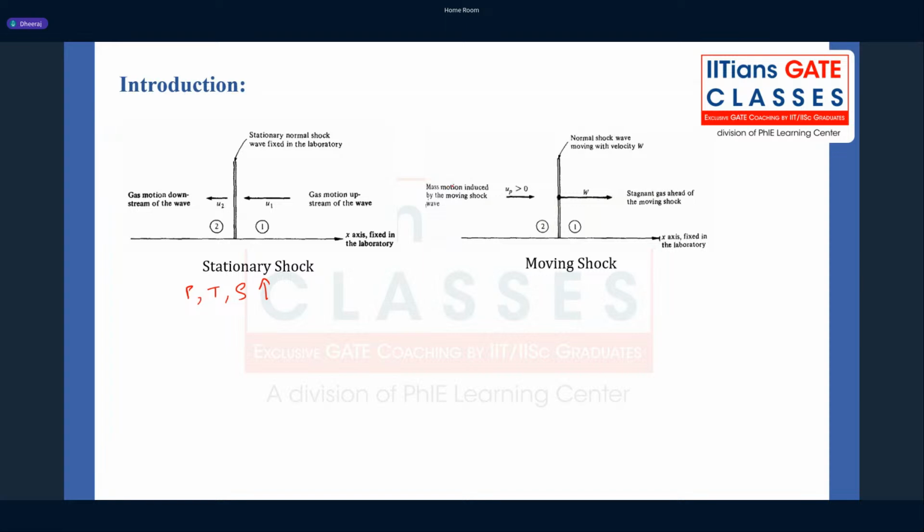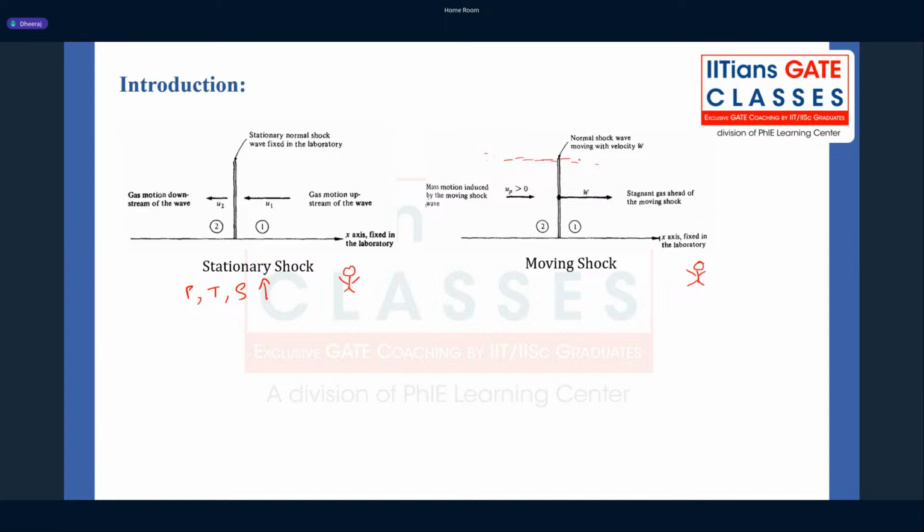And then for the moving shock wave, in both problems, I'm dealing with the lab reference frame, right? So I am observing it from somewhere here, and I'm seeing that here the shock is stationary, and here my shock is moving with the velocity W into a stagnant gas which is ahead.